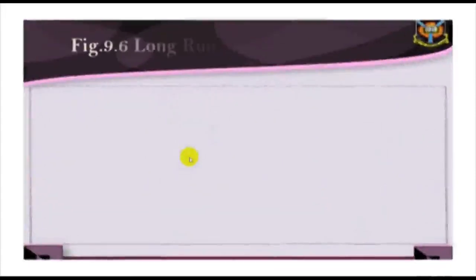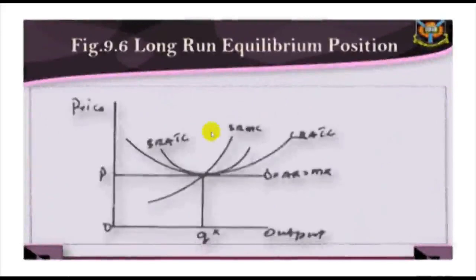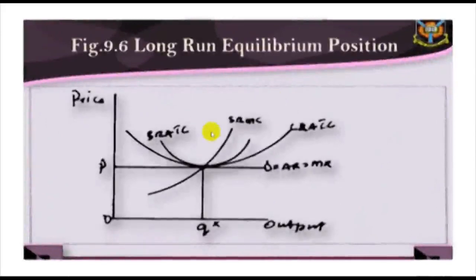In the long-run equilibrium situation, three distinct features are obtained. 1. No firm will want to vary the output of its existing plants. Short-run marginal cost must be equal to price. 2. Profit earned by existing plants must be zero.